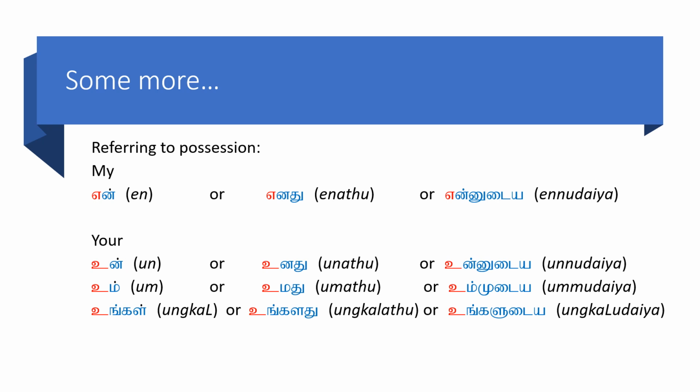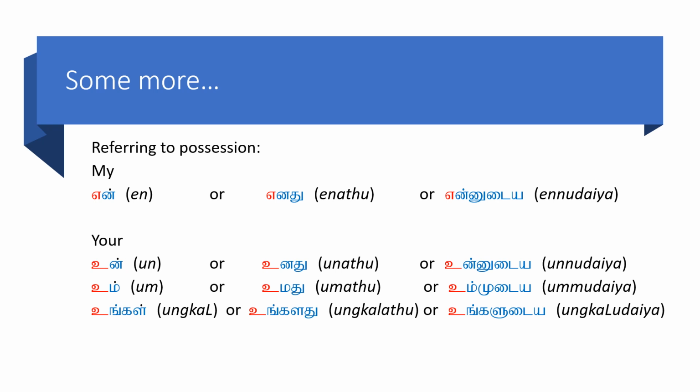In our lesson on introduction, we looked at en, enadu, or ennudaya to denote my. In the same way, we have some different variations to denote your. Un, unadu, or unnudaya refers to a person who can be a subordinate.